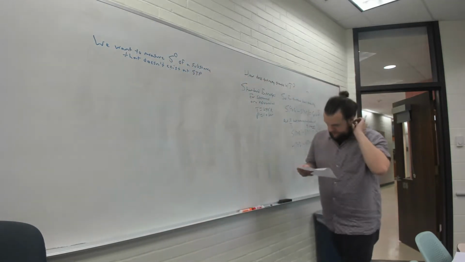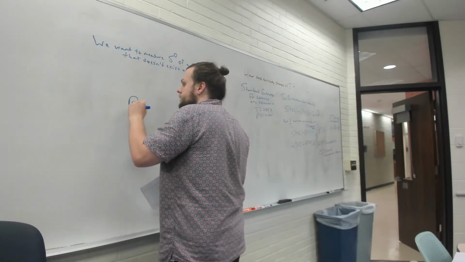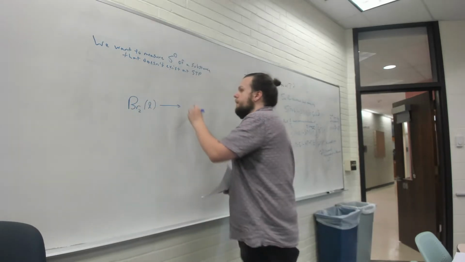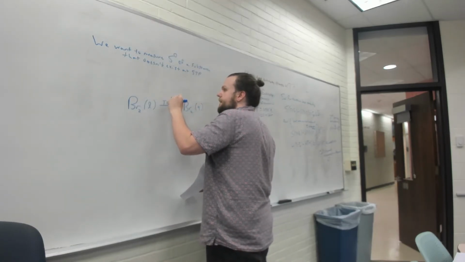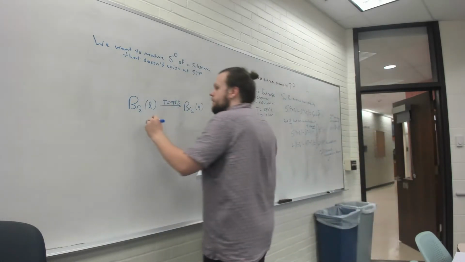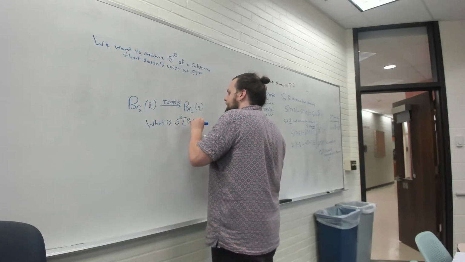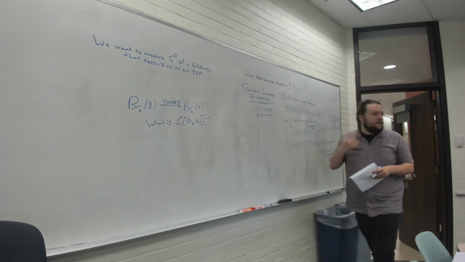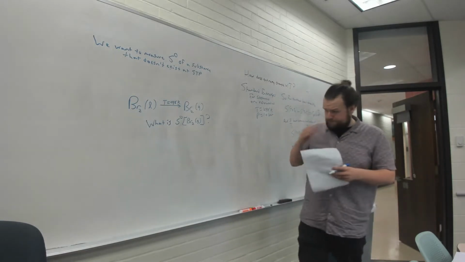So for instance, what if we take bromine liquid and we want to convert it to bromine gas at T equals 298 Kelvin, and we want to ask the question, what is the standard entropy of bromine gas at 298 Kelvin?